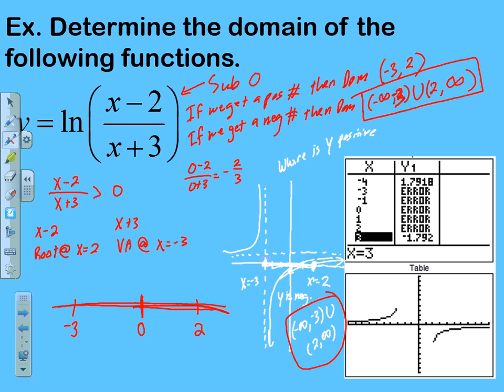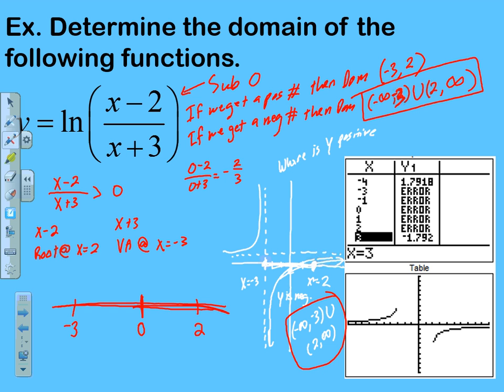And the way that we were able to determine that by substituting 0 is really looking at the graph of the function that's simply contained within the parentheses and saying, between what x values is y going to be positive? And that will also allow us to determine the domain of the function. So some of them will be a little bit easier to do than others.